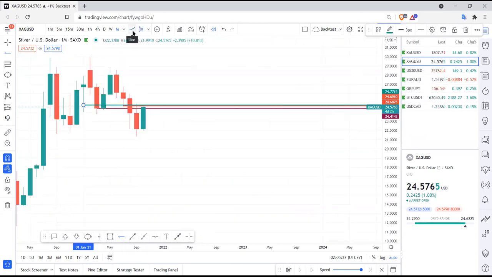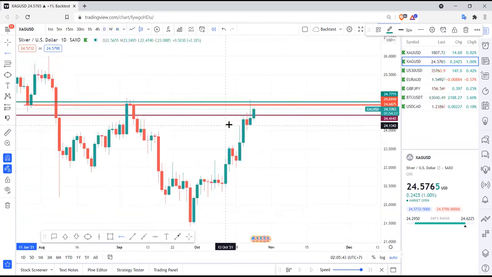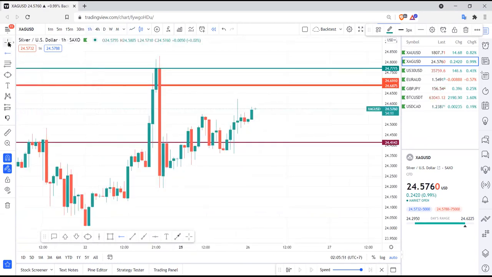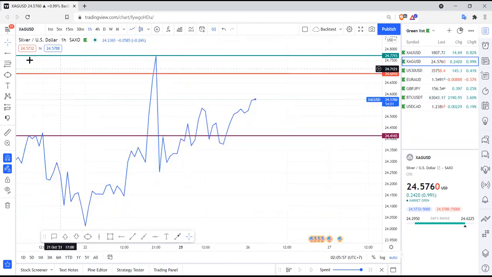So wait for daily. Daily also has a breakout, right? So wait for H1. H1, zoom out.